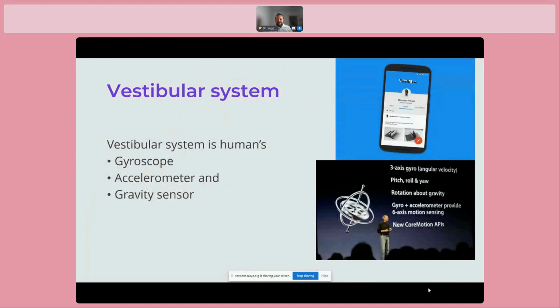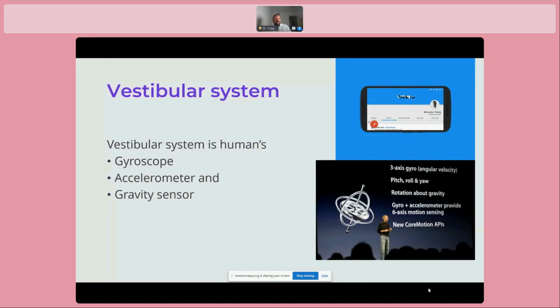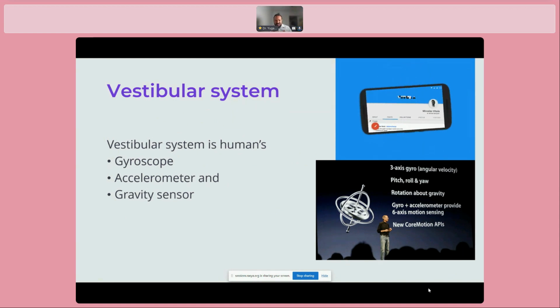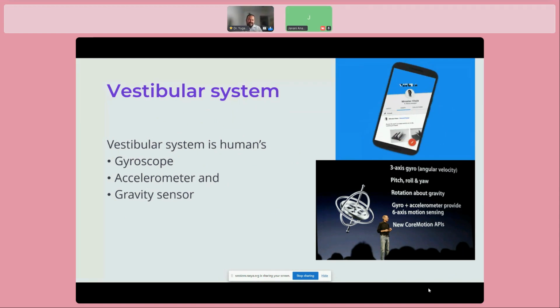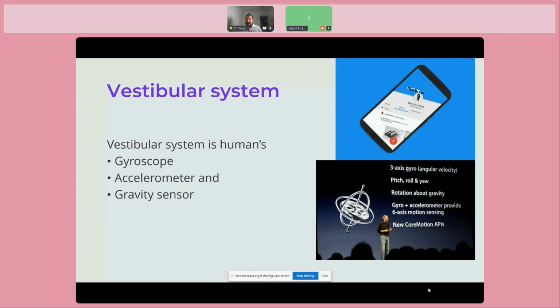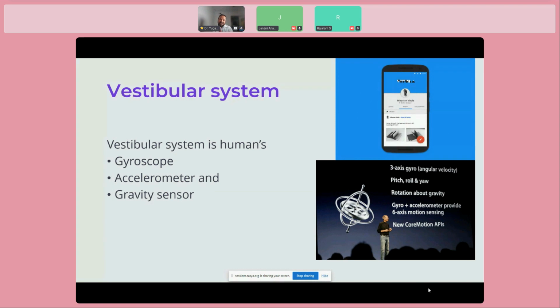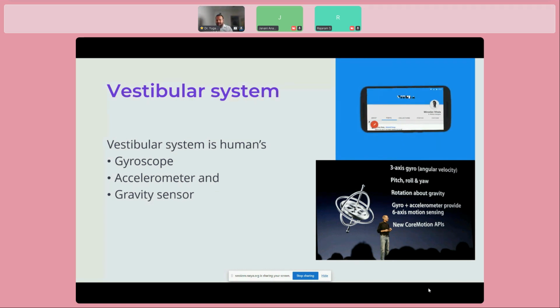So these are the 5 different sensors located in our balance system. So we have fancy phones, right? Expensive phones to cheap phones. Nowadays, every mobile phone comes with at least 3 different sensors: gyroscope, accelerometer, and gravity sensor.